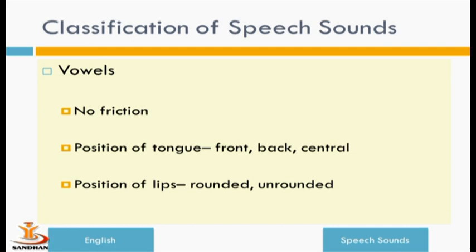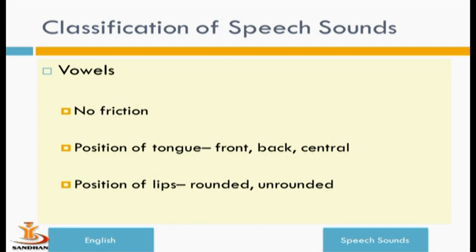So, let's come to the classification of speech sounds. We already know that we have vowels. You might wonder, what is the basic difference between a vowel and a consonant? A student once asked me, how will I know whether it's a vowel or a consonant in a language which I don't know?